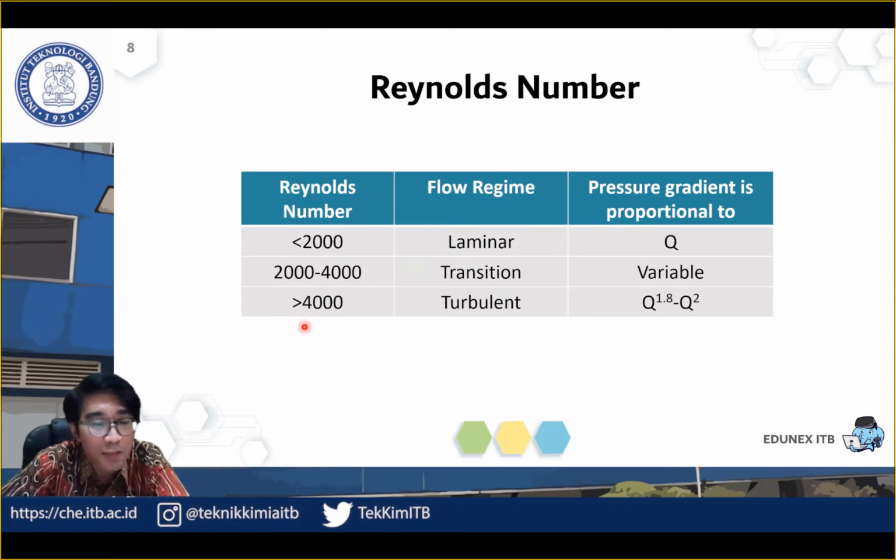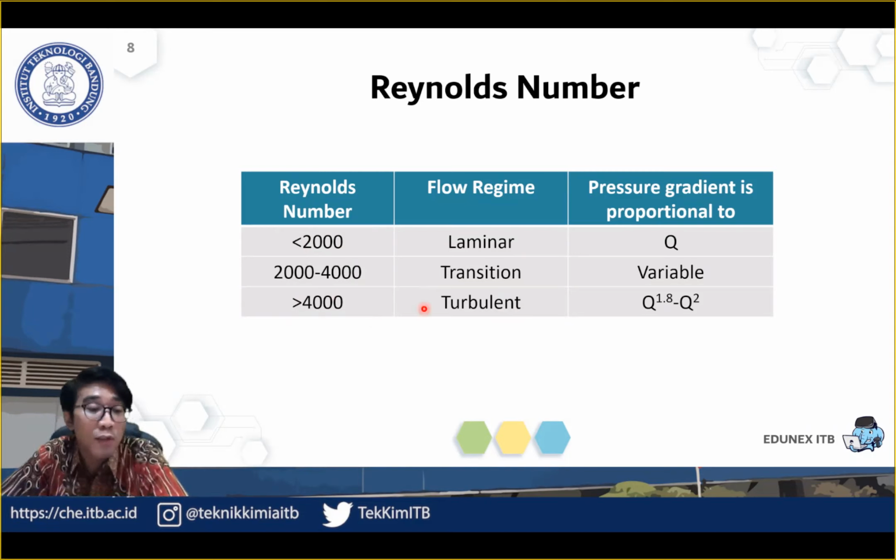And if it's higher than 4000, it can be classified as turbulent. And in between, of course, is the transition. But sometimes Reynolds number lower than 1000 or higher than 10,000 is turbulent. But this one is roughly correct for any calculation.